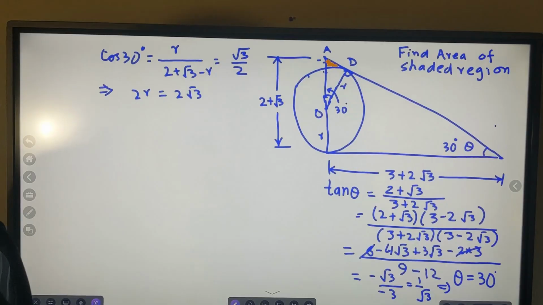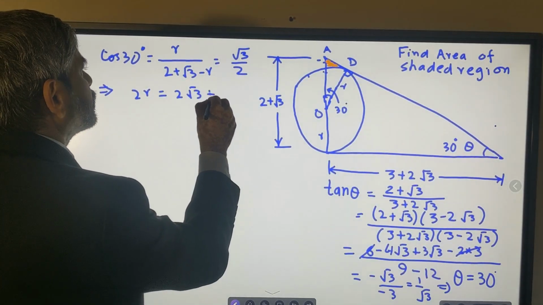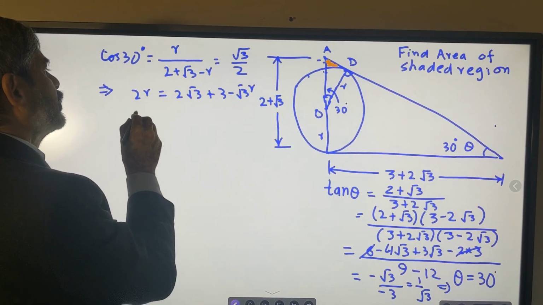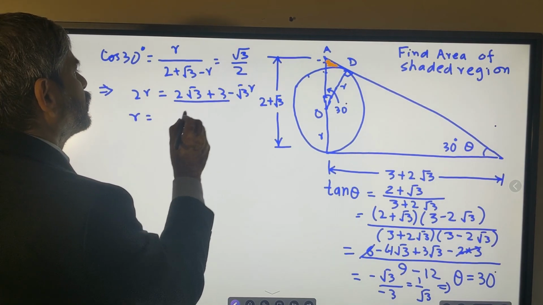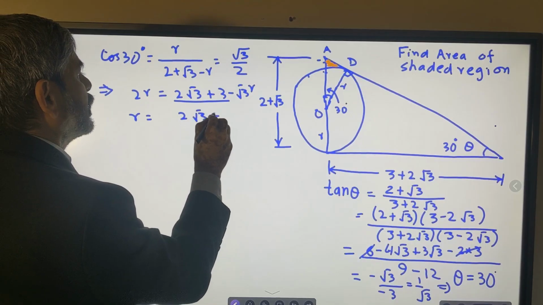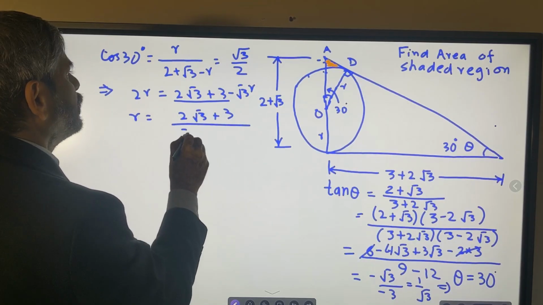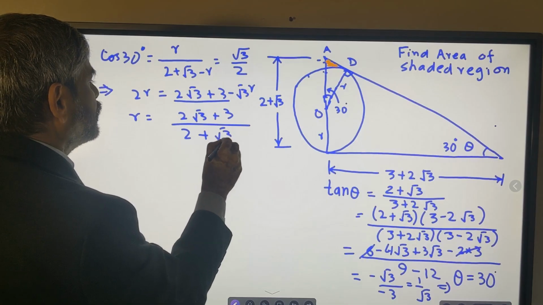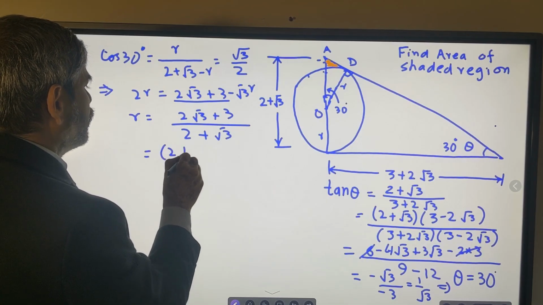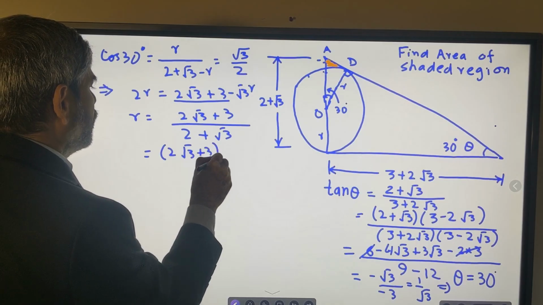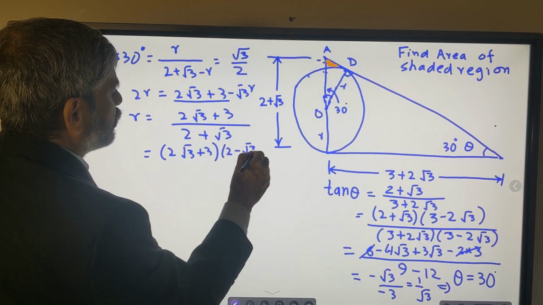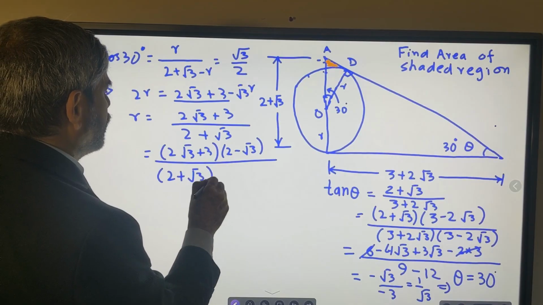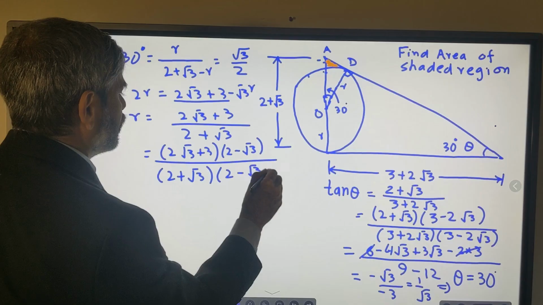2 root 3 times 2 plus root 3 minus r. Cross multiply this: 2 root 3 plus 3 minus root 3 r, and collecting r terms together I get r equal to 2 root 3 plus 3 divided by this 2, and root 3 goes here, becomes plus root 3. This we can simplify by multiplying by 2 minus square root 3 in numerator and denominator: 2 root 3 plus 3 multiplied by 2 minus square root 3, divided by 2 plus square root of 3 multiplied by 2 minus square root of 3.